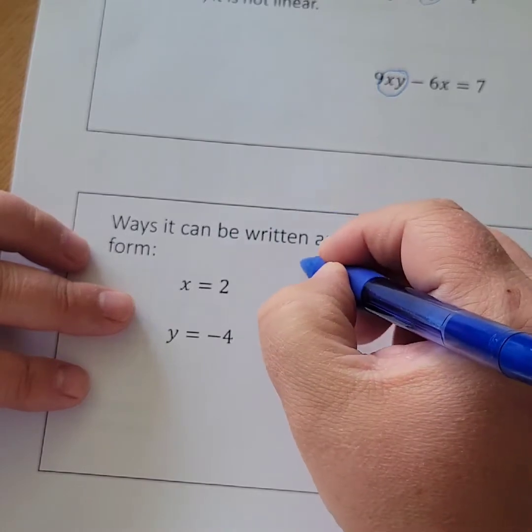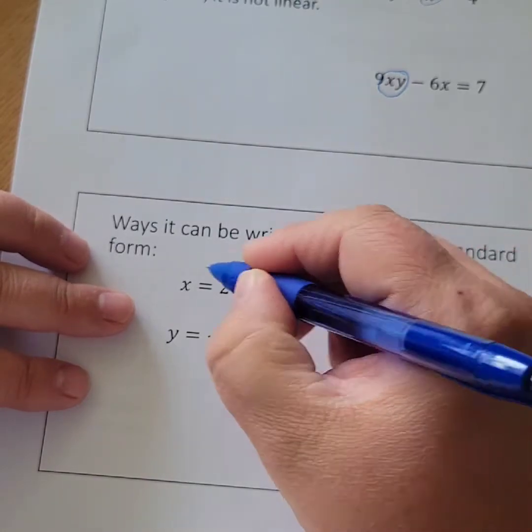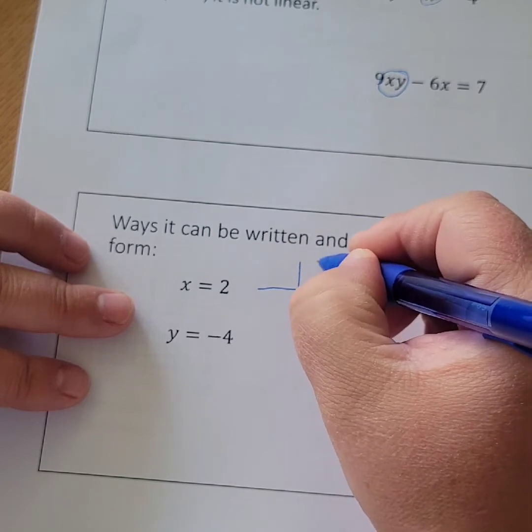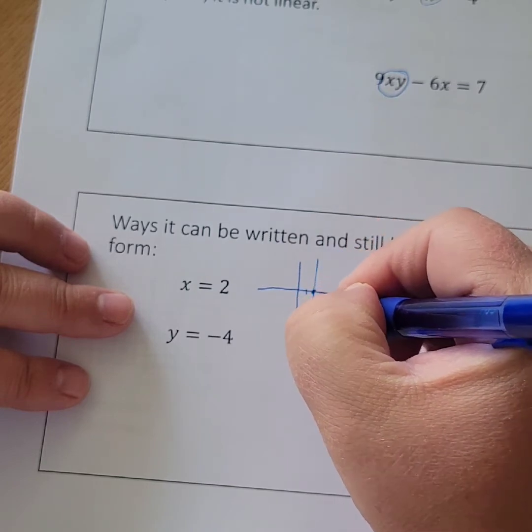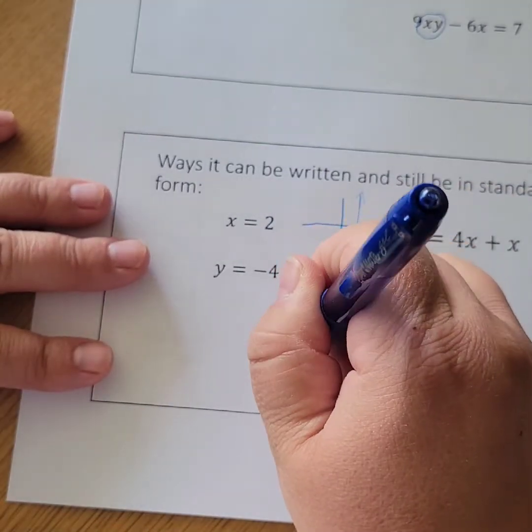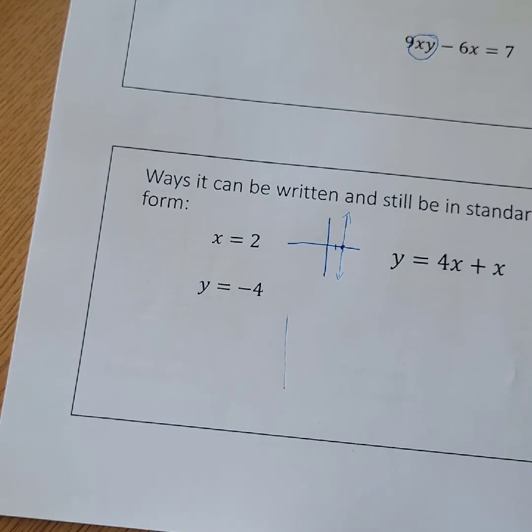This right here, if I were to graph this line, x is 2, so 1, 2. It's actually this line right here. Okay. And then, of course, my pen ran out.